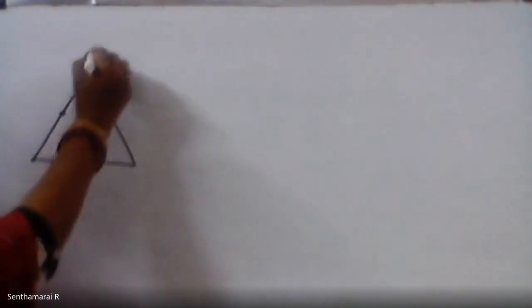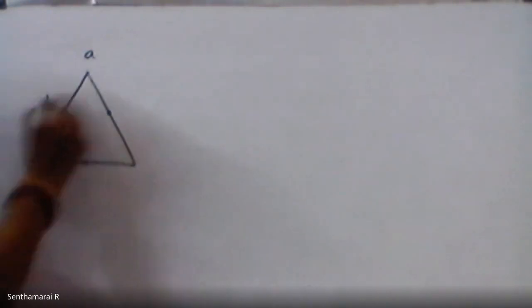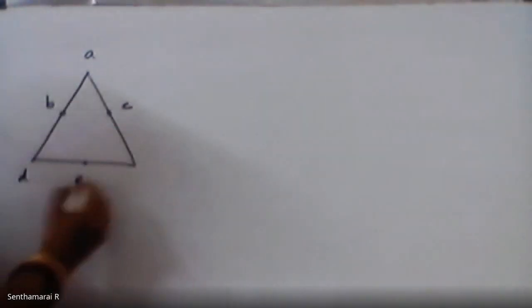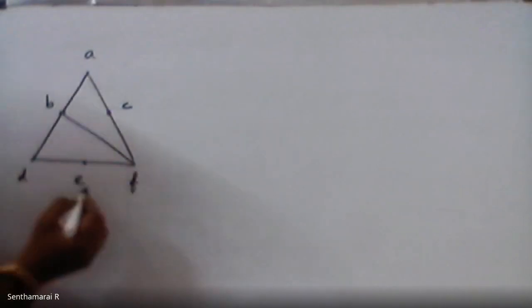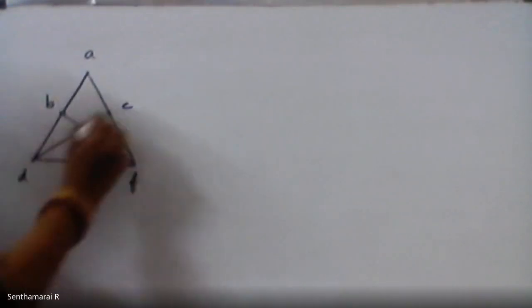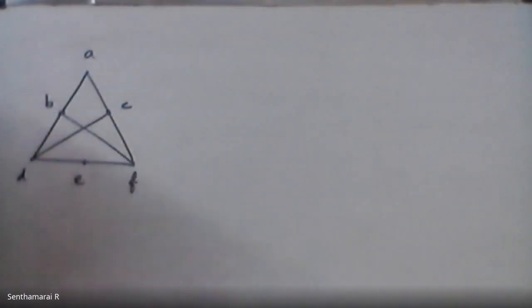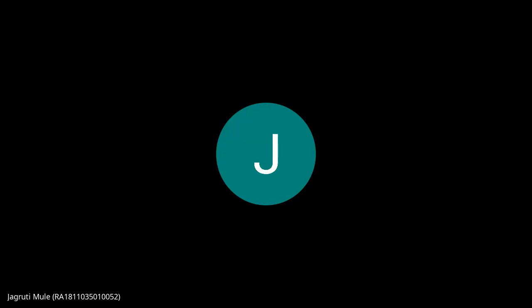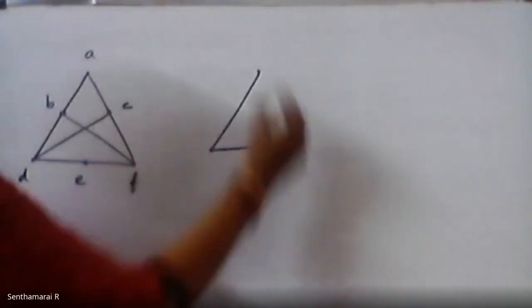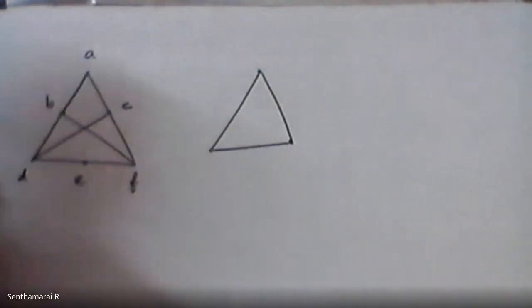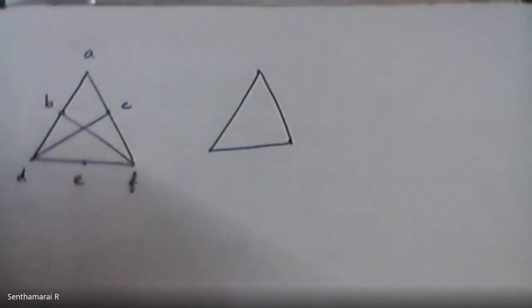A, B, C, D, E, F. Can you make it planar without crossing of any 2 edges? Can you try yourself and then tell me. Is it possible to draw without crossing of any 2 edges? Just try it. After that, tell me the answer, whether it is planar or non-planar.